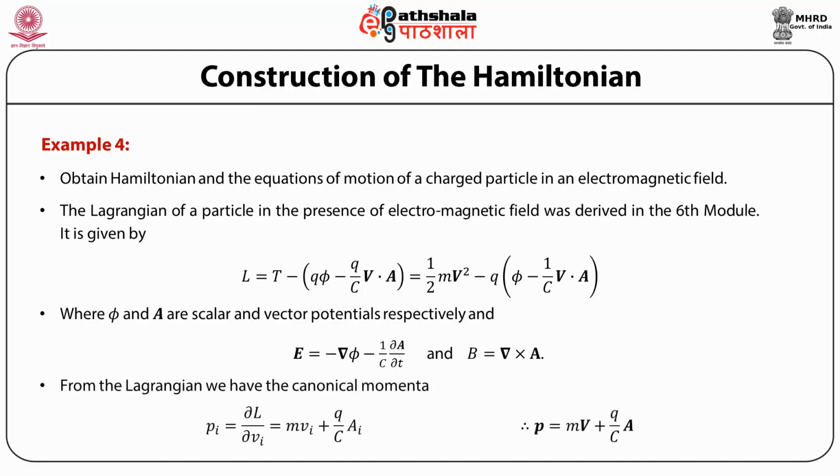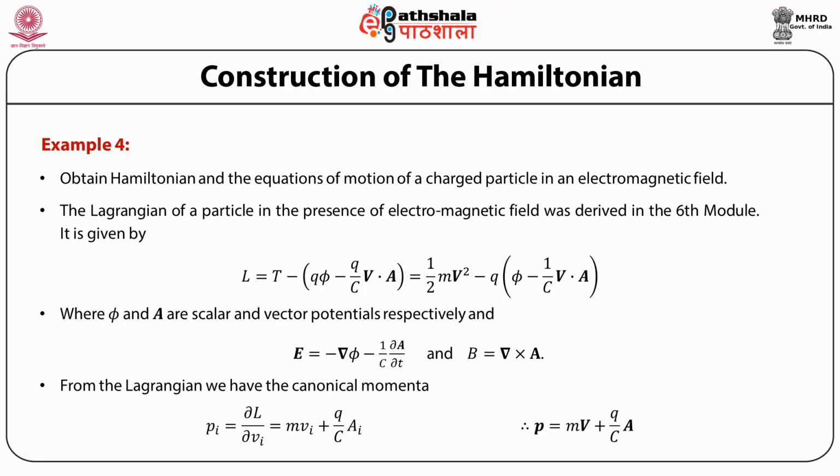From the Lagrangian, we have the canonical momenta. Pi is the partial derivative of L with respect to the ith velocity, that is Pi is dL by dVi. So we have taken the derivative of L with respect to Vi. So Pi is equal to mVi plus q by c Ai, where i here stands for the component.